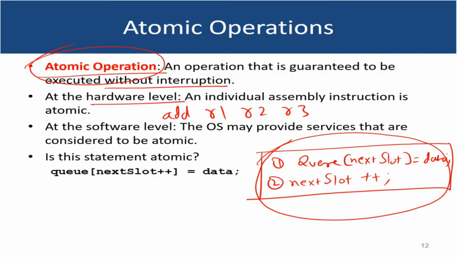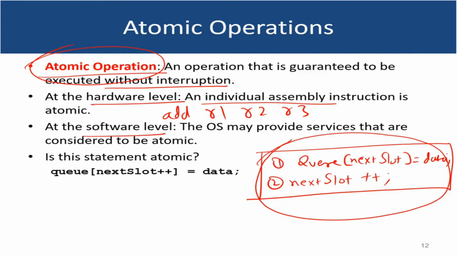It would either be executed completely or not at all. You cannot execute it halfway and then leave it. That is not possible. So at the hardware level, it is safe to assume that an individual assembly instruction would be executed atomically. Now at the software level, the operating system may provide services that would be considered to be atomic. We'll talk more about this later.